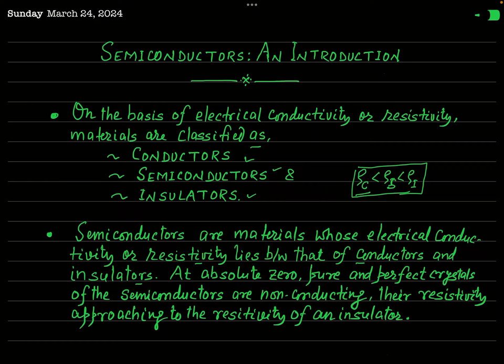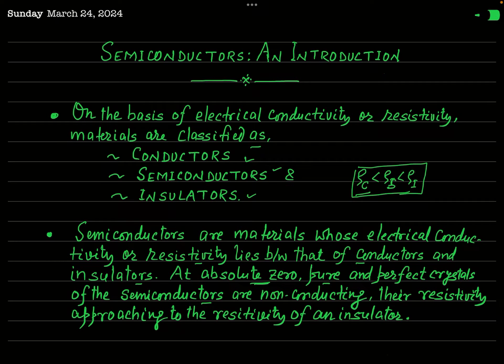So if you talk about a semiconductor at absolute zero temperature, it is seen that if you take a pure and perfect crystal of semiconductor, then its resistivity will be just infinite, close to the value of the resistivity of an insulator, and it will not conduct electricity.